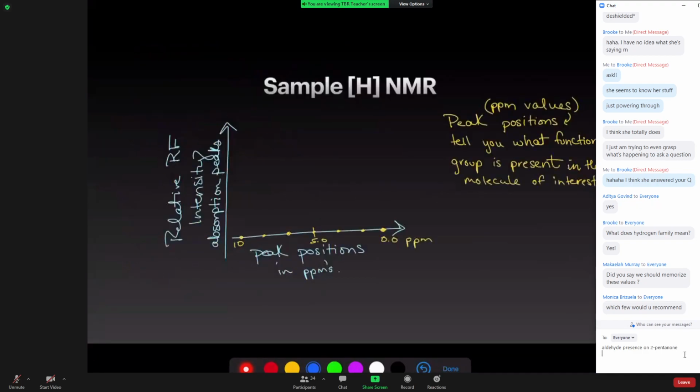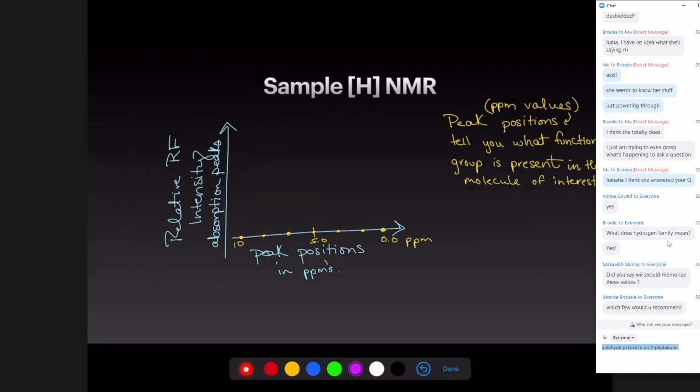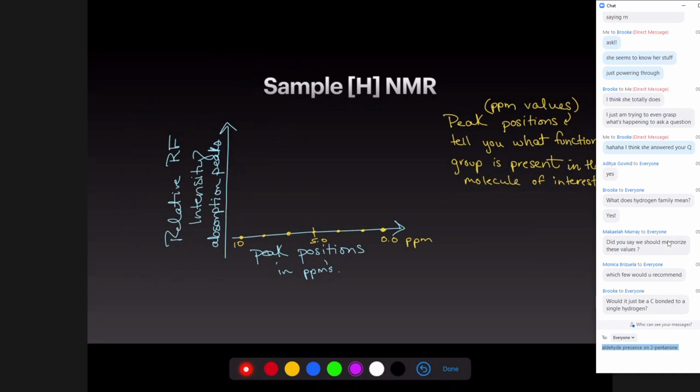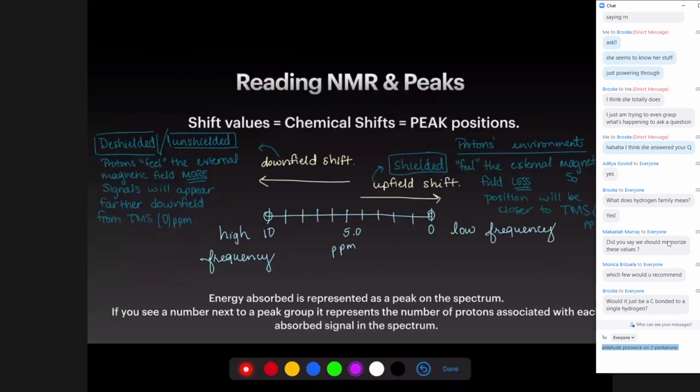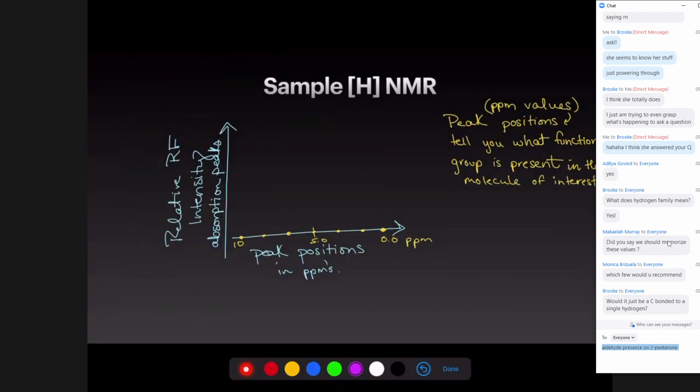And I want to go back over here and show you all something else while you're thinking about that question. So on our HNMR spec, I'll use this one as an example. So this is a really bad drawing of an HNMR spec. Sorry.